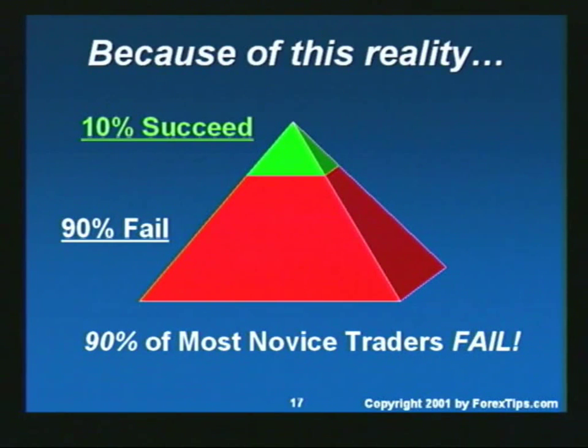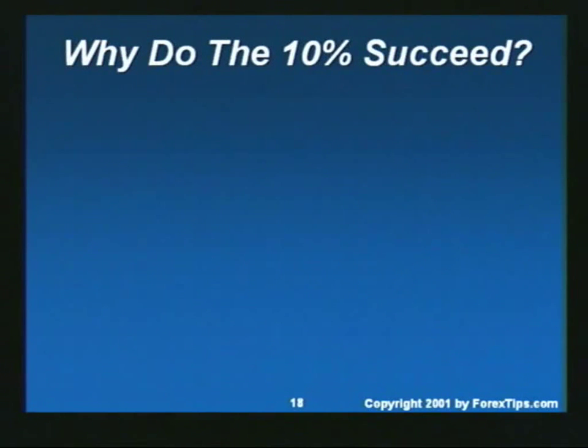However, the reality of trading is this: 90% of all speculator or novice traders that try to trade in the market without some sort of help, mentorship, or education fail. Only 10% succeed. Why do you think the 10% succeed? Well, think about it.